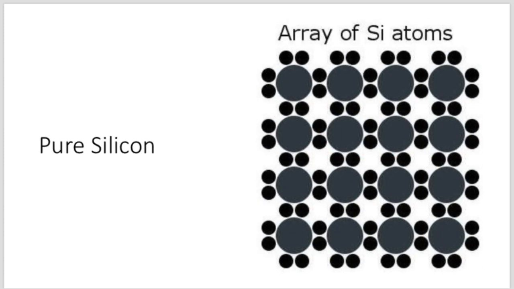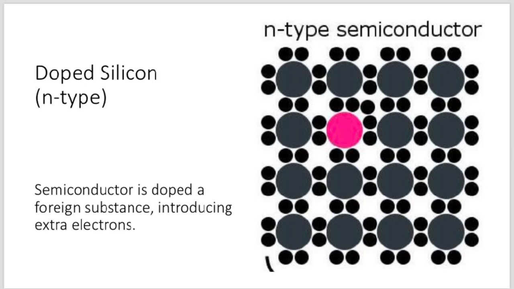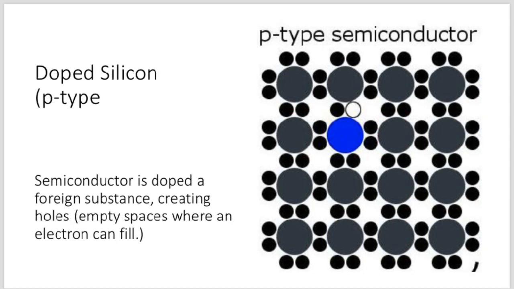In these semiconductors, what we are creating is an imbalance in charge. In an N-type, we're adding negative charges by adding substances that have extra electrons. And in a P-type, we're adding positive charges by adding a substance creating holes, or reducing the total number of electrons.